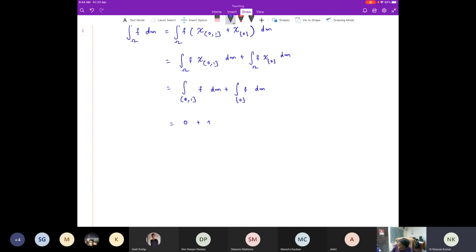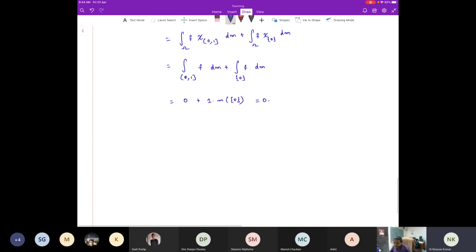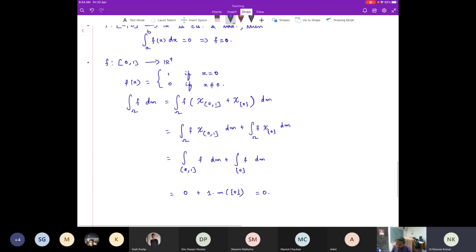So although we have a non-zero function, the integral is 0. But something more can be said. What can you say about this function? It is 0 almost everywhere. Exactly.